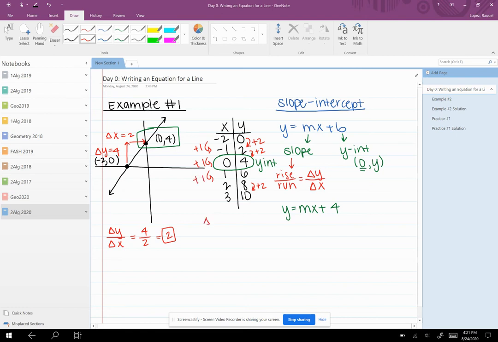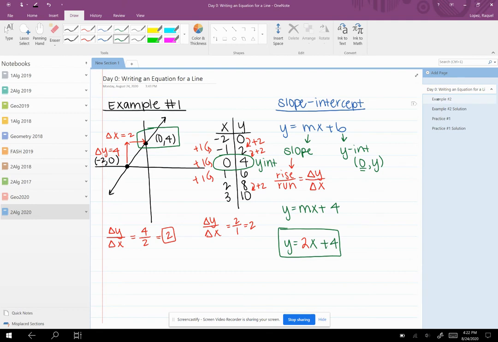And so my change in y over my change in x for my table is 2 over 1. 2 divided by 1 is just 2. So I'm going to go ahead and pop that one into my equation. So I've got y equals 2x plus 4. And this is just one possible equation for our graph and table.